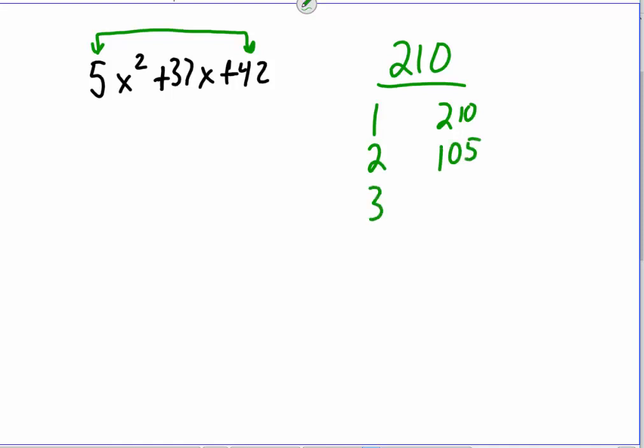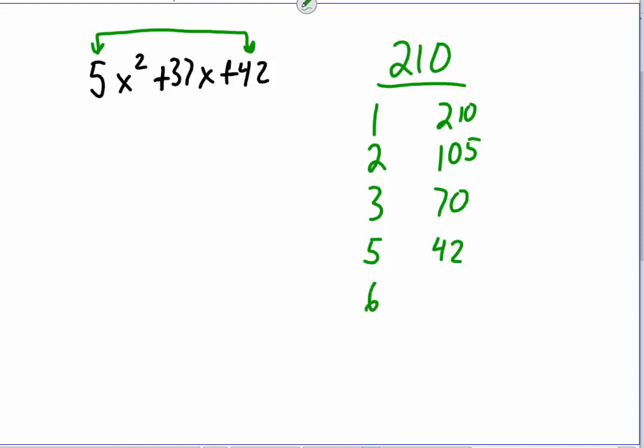Let's see, 3 and 70. 4 doesn't go in. 5 and 42. And I can use a calculator here if I'm not sure. I can just go, okay, 210 divided by 6. Let's see, that goes in 35.